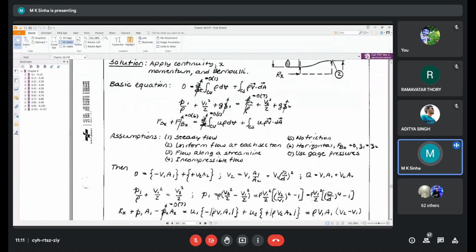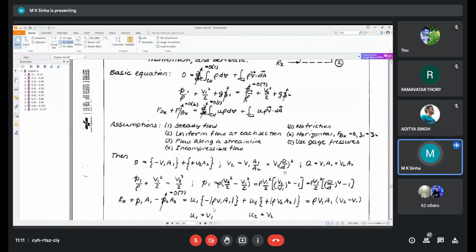Then the momentum equation. The reaction equals mass into change in velocity, V2 minus V1, where the rate of mass is density into area at section 1 into velocity at section 1, rho V1 A1.